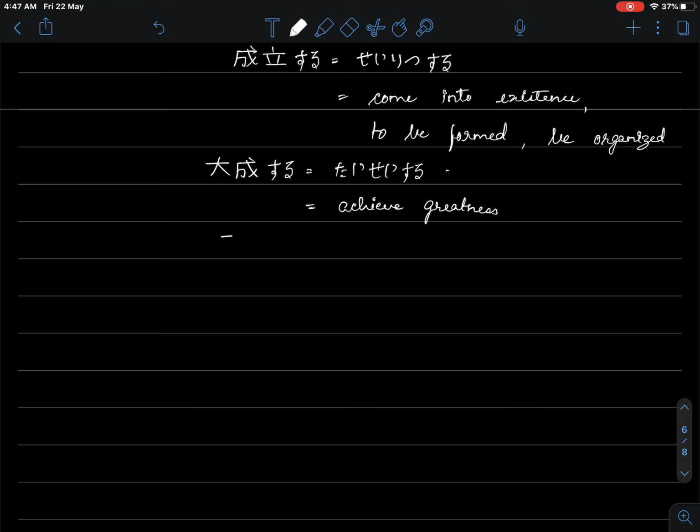Next, seijin, which means an adult or a fully formed person, or a grown up.